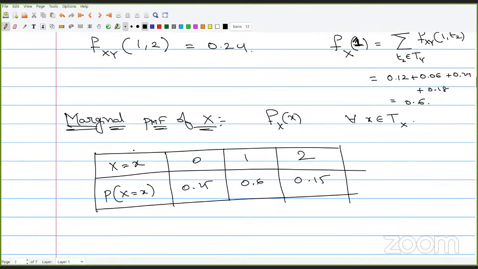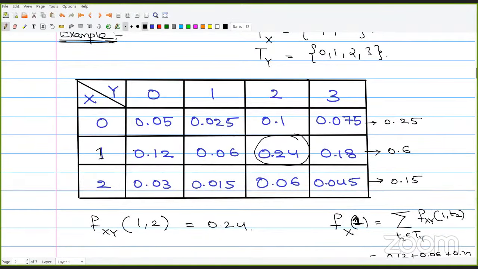So this is the marginal PMF of X. Marginal PMF of Y, you just have to add this, this, this, this.